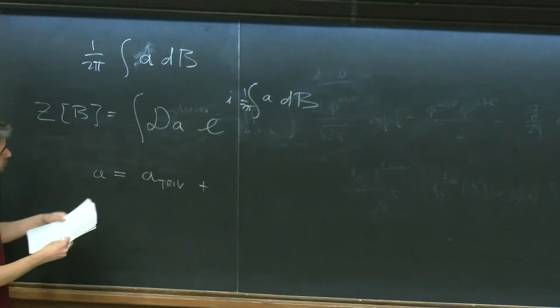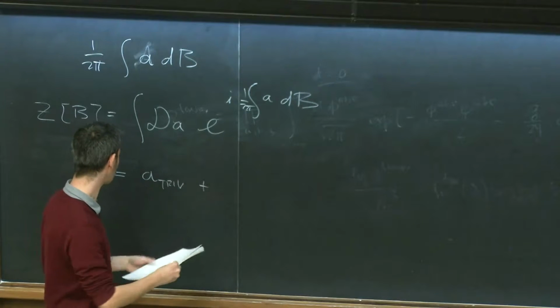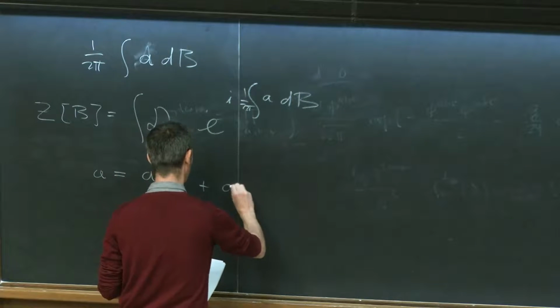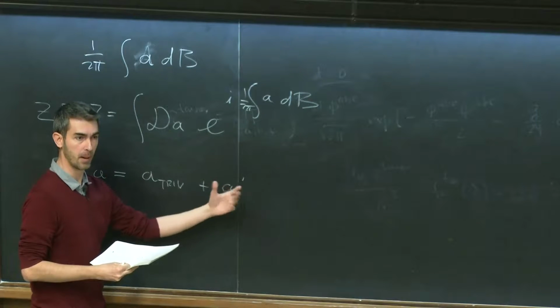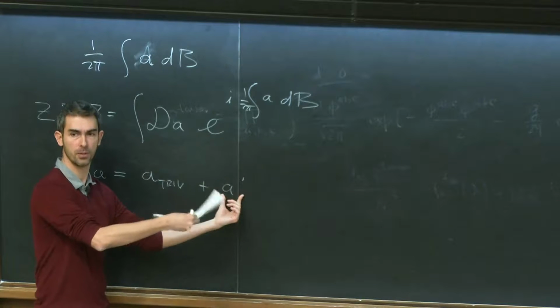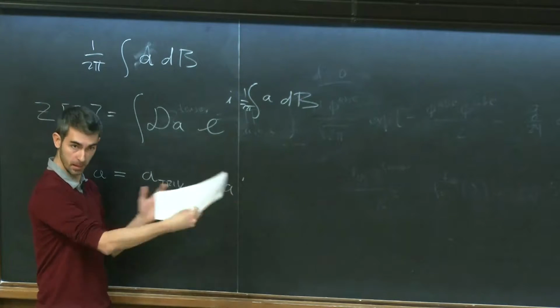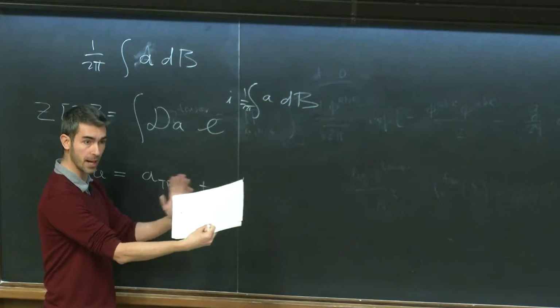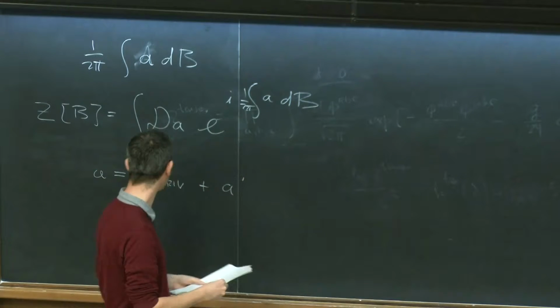But in this path integral, there are also line bundles which are non-trivial, on a general three-manifold. So there is another piece, we call it A prime, which is a representative of the non-trivial bundle. For each non-trivial bundle, I pick a representative, and then all possible connections on that bundle are represented by shifting the trivial one, because the difference between two connections on a certain bundle is always a globally defined one form.